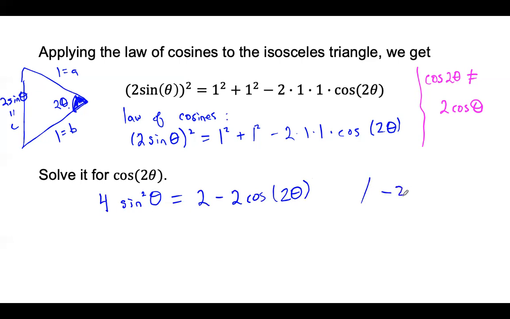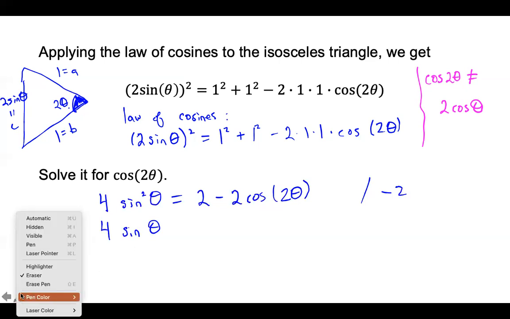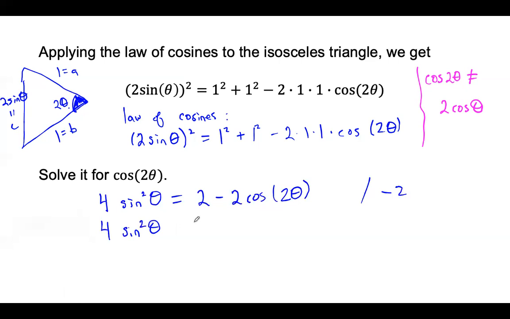Now we could subtract 2 from both sides, just bring this 2 on this side. So this would be 4 sine squared theta, subtract 2, equals minus 2 cos 2 theta.